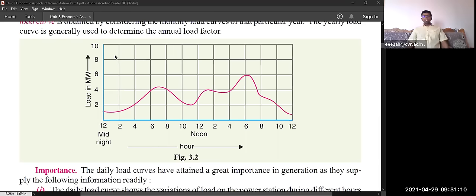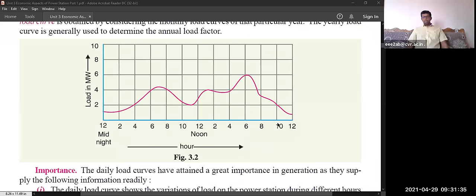Okay, if you see, industries work in three shifts. They will start at 8 o'clock in the morning, or morning 6 o'clock or 5 o'clock. So that is one shift. From 6 o'clock to 12 o'clock or 1 p.m., they will start another shift.